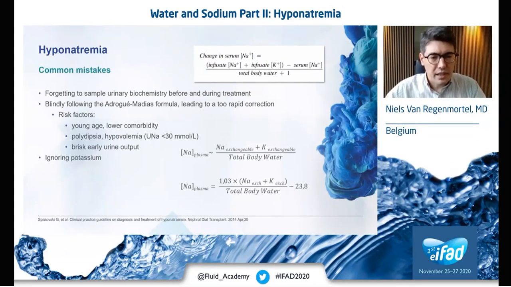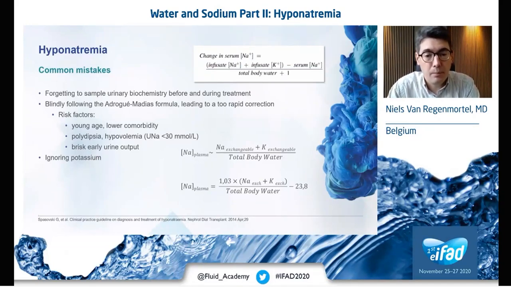A third common mistake is ignoring potassium. We all know this equation on the right here, called the Edelman equation or Edelman formula, that says that the plasma sodium is in proportion to the exchangeable sodium plus the exchangeable potassium divided by the total body water. What is extremely important to know here is that from the moment we substitute potassium, this potassium will act like it is sodium, just because of this formula.